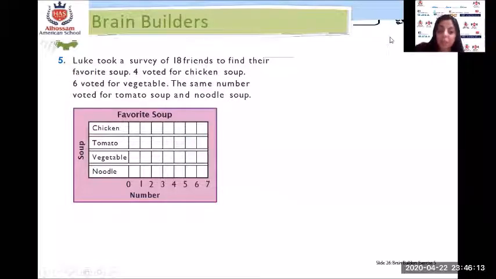So let me explain the question. It said if each square or each box equals 2 votes. So how can my bar graph be different? I'm gonna tell you now. I have 4 voted for chicken. So instead of coloring 4 like that, because each box equals 2 votes, I'm gonna do like that.